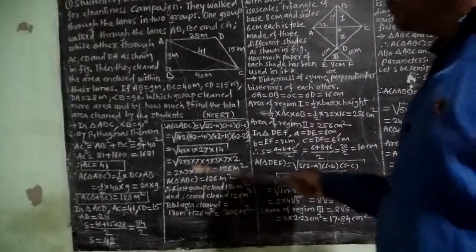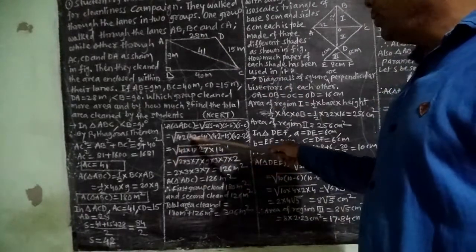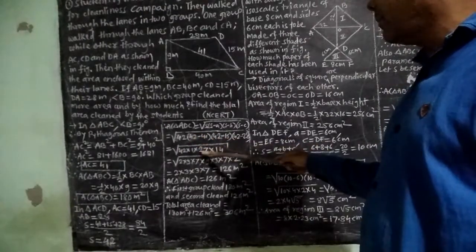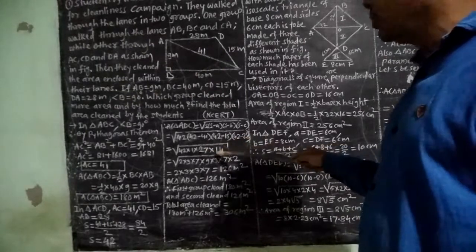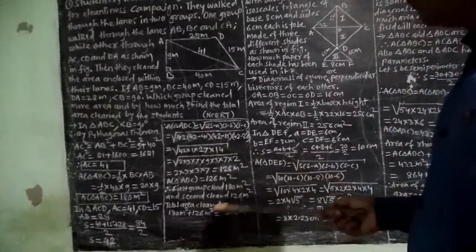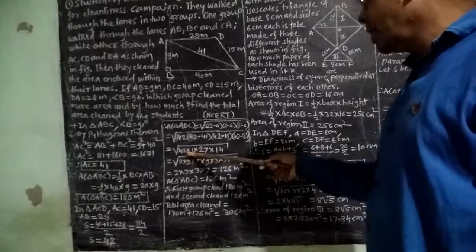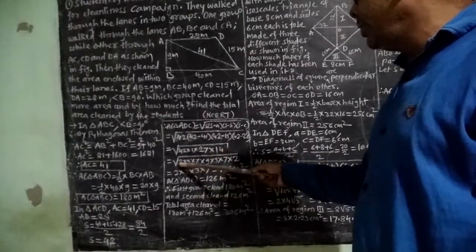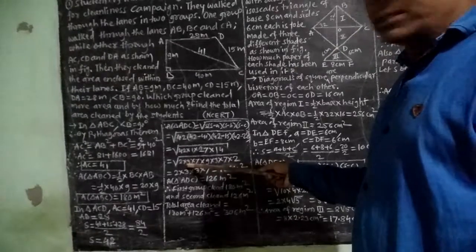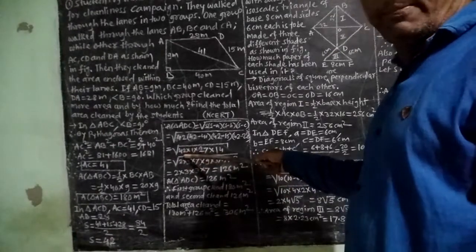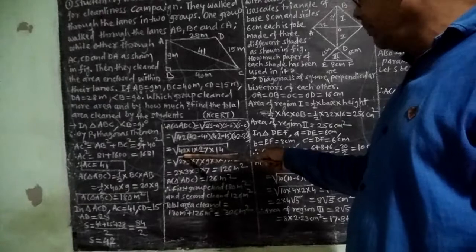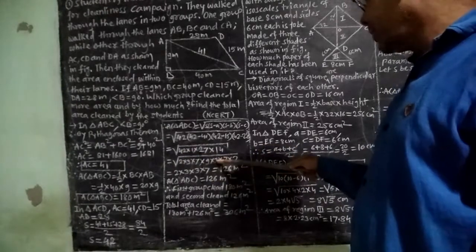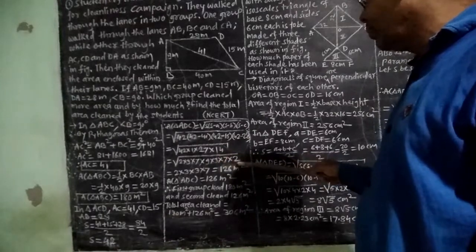We will get under root 42 into 1 into 27 into 14. Therefore, if we factorize 42, 27 and 14: 2 into 3 into 7 is 42, then 27 is 9 into 3, and 14 can be written as 7 into 2.